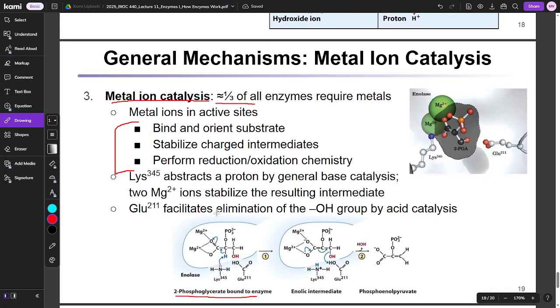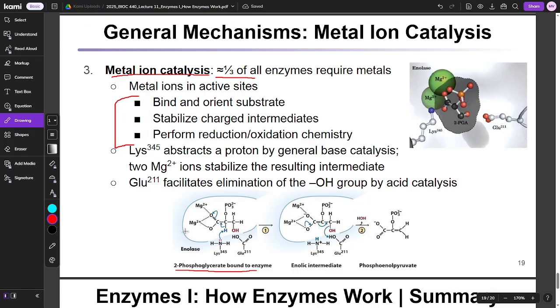So this is an example of a mechanism of how this works. You can see how these magnesium ions are helping to stabilize the electrons on these O's. You can also see how this lysine acts as a base to pull off this hydrogen, so that you can form this double bond intermediate right here.